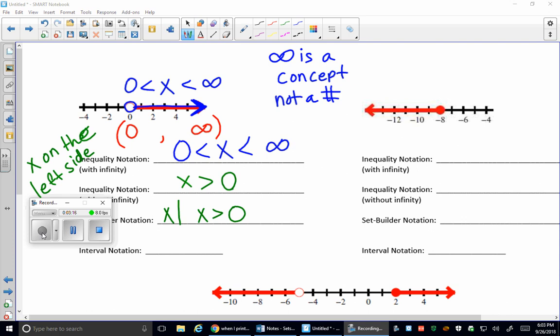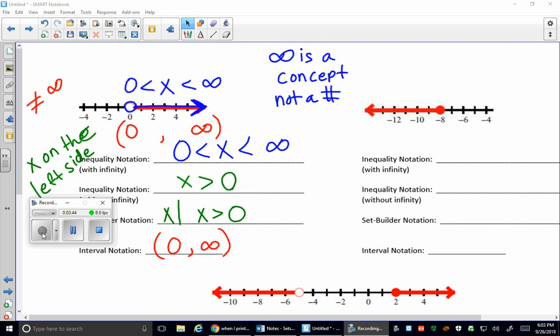Another note is that you cannot equal infinity. Not possible. So we never put an equals there. Okay, so what do we get? We get 0, comma, infinity with a parenthesis on both sides.